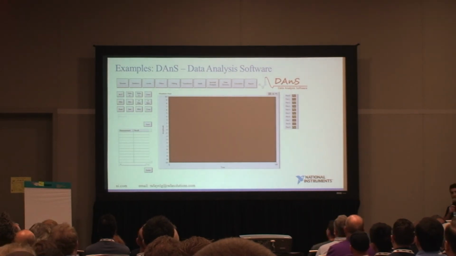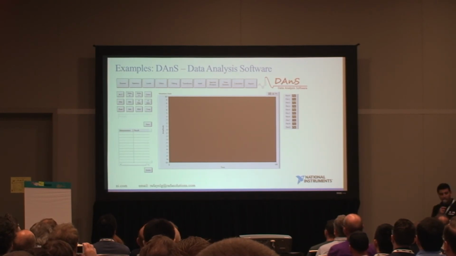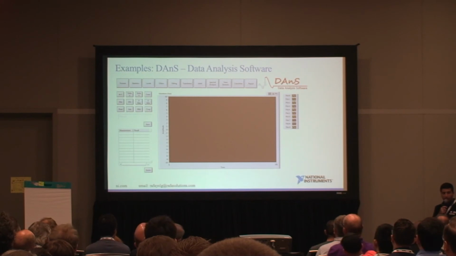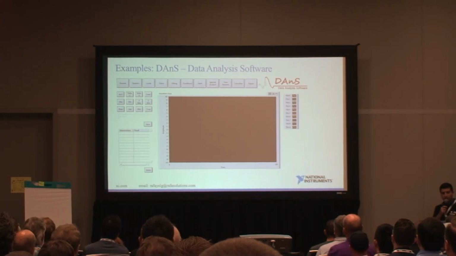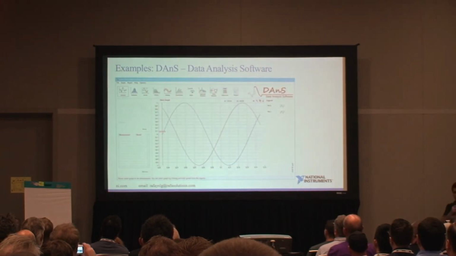Another good example, and we are almost at the end of the presentation. I just wanted to share an example of one of our software applications without any customization. These are the regular LabVIEW buttons. And then I click this button, and this is how it looks after you customize it.